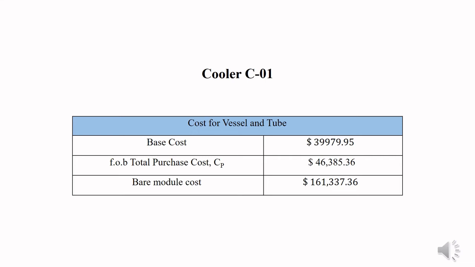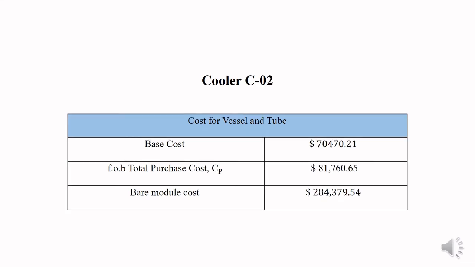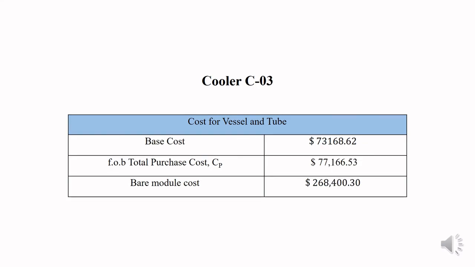For cooler costing, there are 6 coolers in our plant, and the first is cooler C01. The bare module cost for cooler C01 is $161,337.36. For cooler C02, the bare module cost is $284,379.54. And for cooler C03, the bare module cost is $268,400.30.